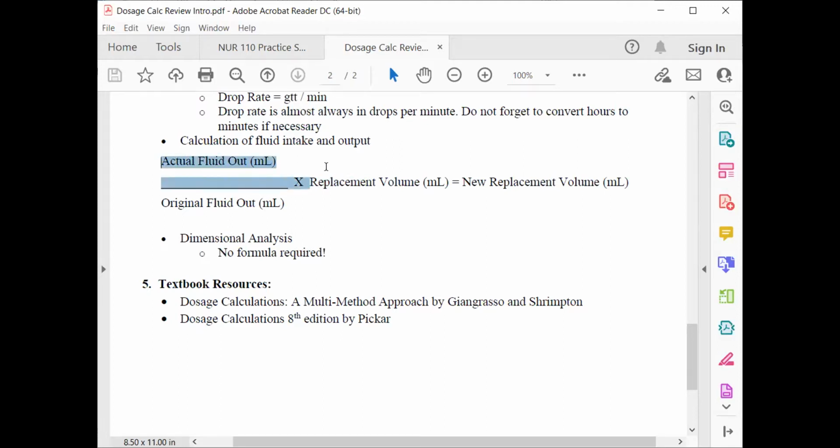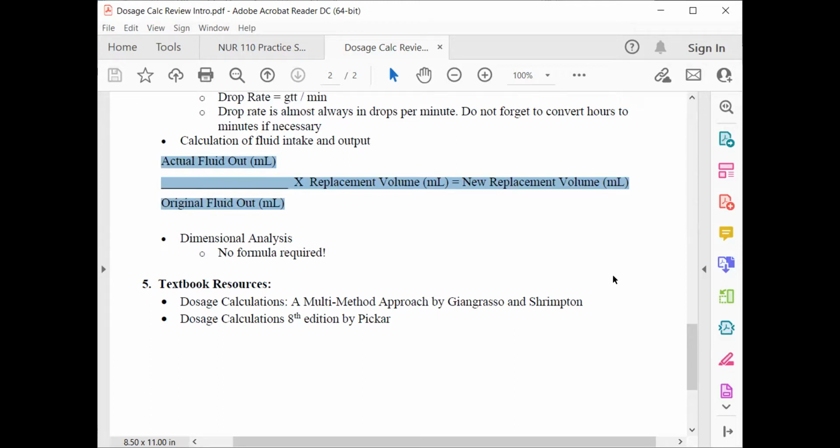And so what I did is I put together this formula that should be helpful for you. This will make more sense, and you'll hear me reference this in the coming weeks.